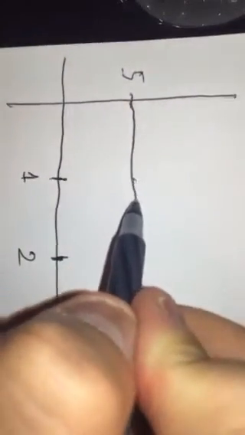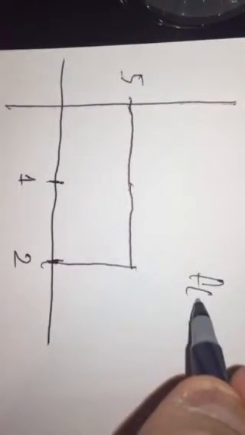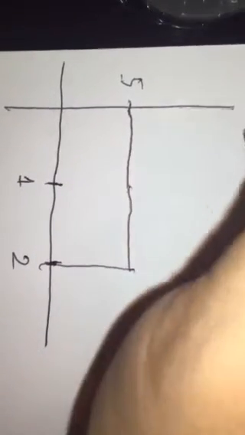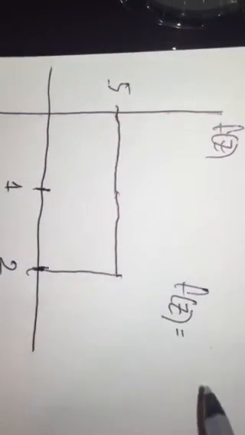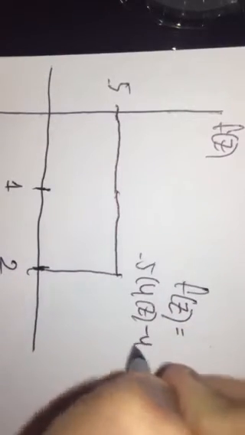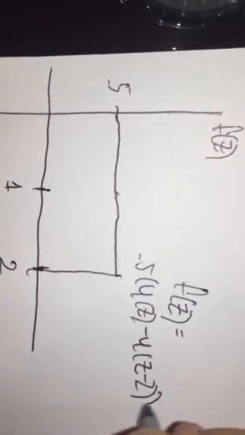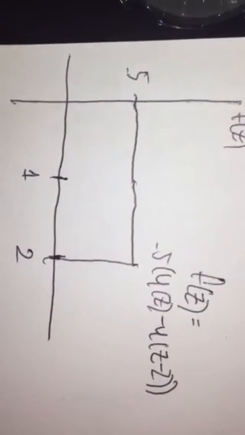It's still at 0.5, so you keep going to 2, and this is the graph of f of z, where f of z equals 0.5 times u of z minus u of z minus 2. And that completes the problem.